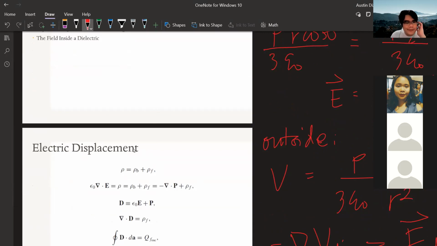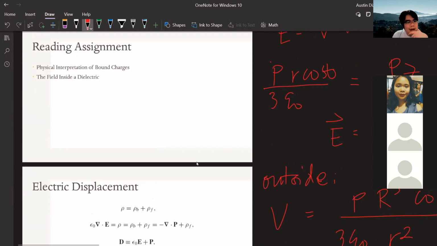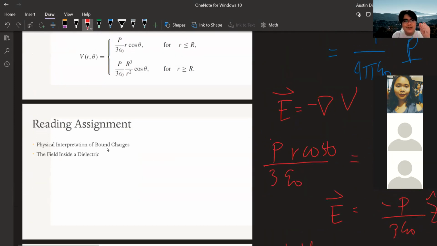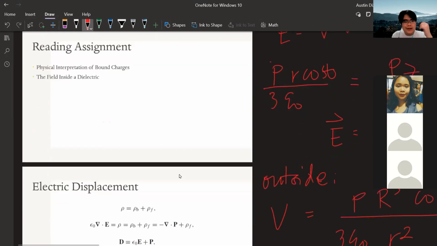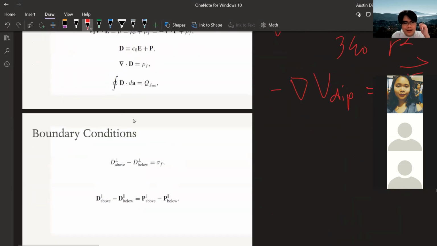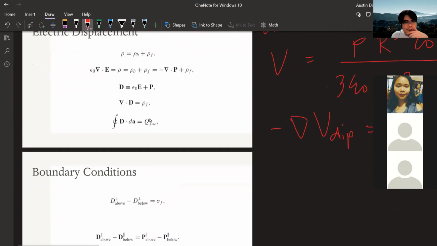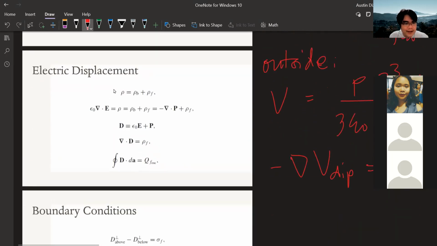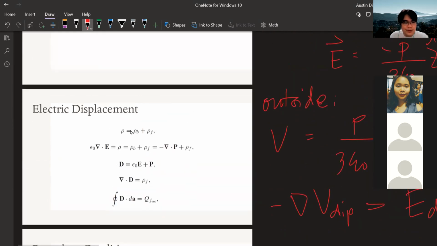This is nice. Okay. Now, syempre, wala bang mas madaling way para solve itong mga bagay-bagay na to? Okay, let's do a simple way. Hindi ko pala nalagay yung example. Sige, gawin ko na lang. Okay, the electric displacement. So now let's denote rho to accommodate everything. Okay? So si rho B, yung polarized na bound charges, and then plus rho F. So yung rho F will be everything else na hindi bound.